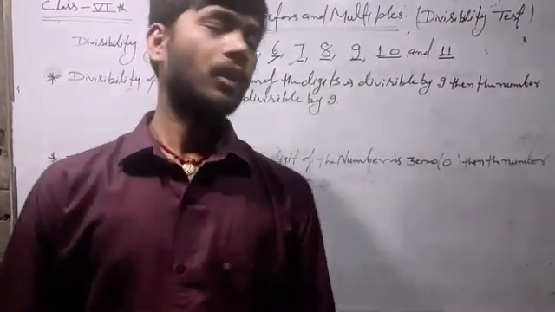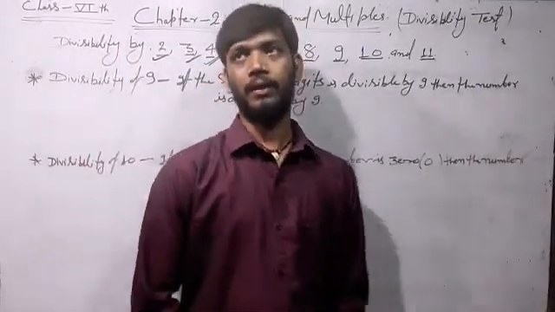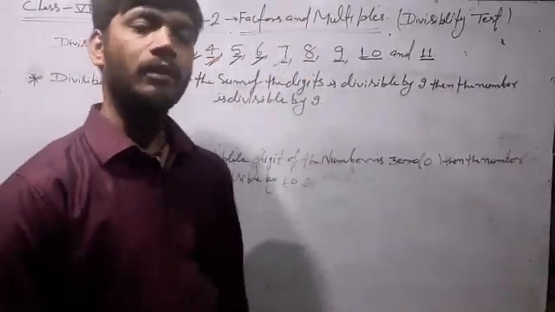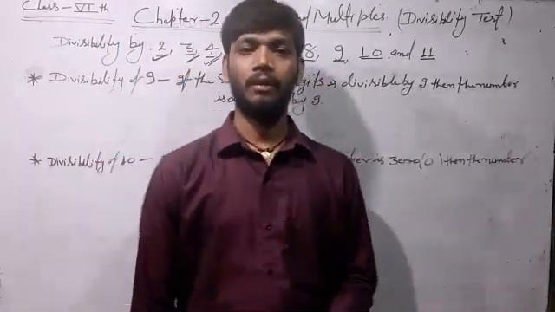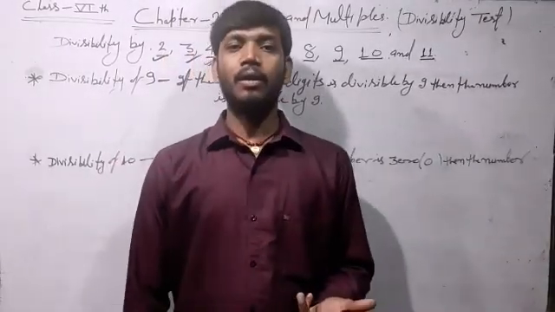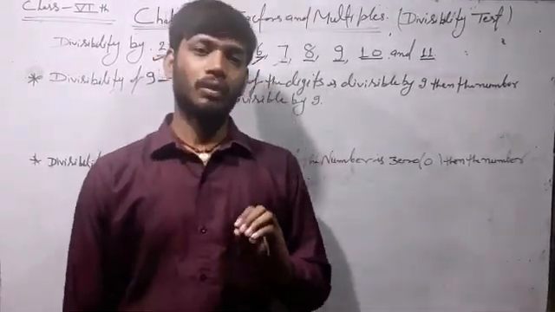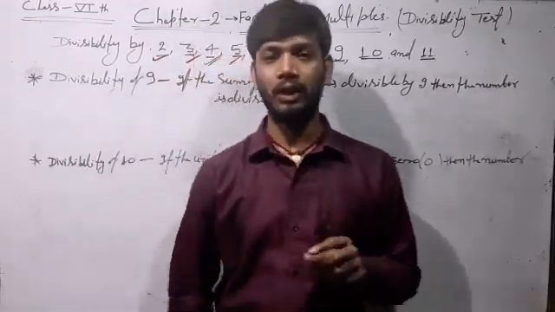Students, now you have to know the divisibility of 9. Divisibility of 9 is just like divisibility of 3, which you have already understood. So now we will know about divisibility of 9.